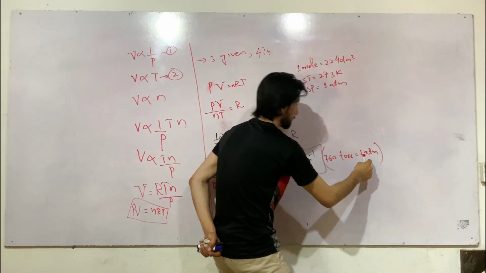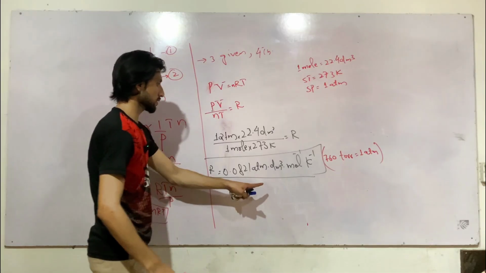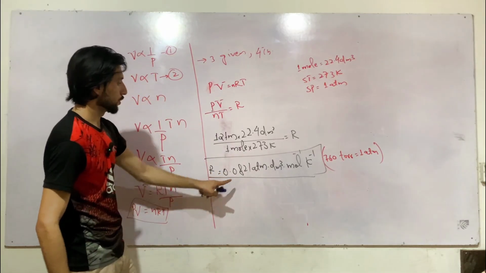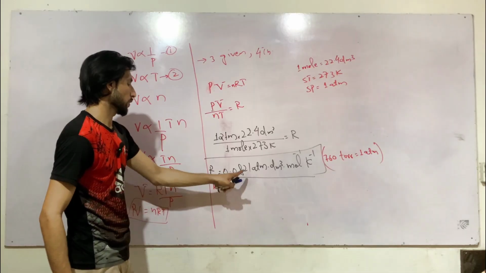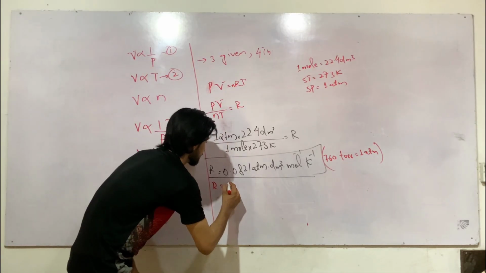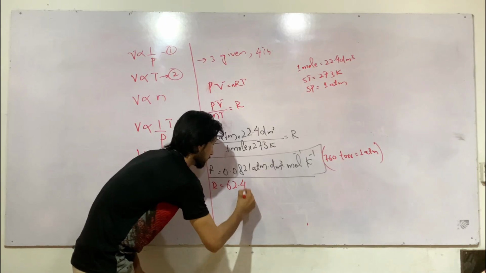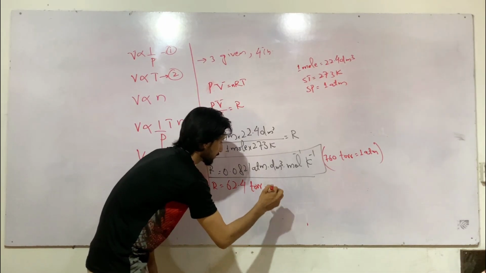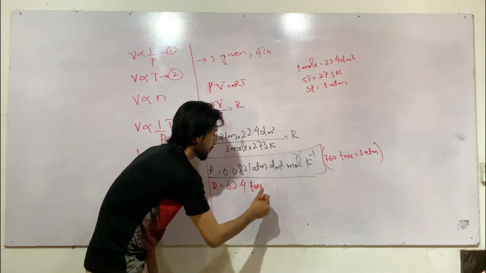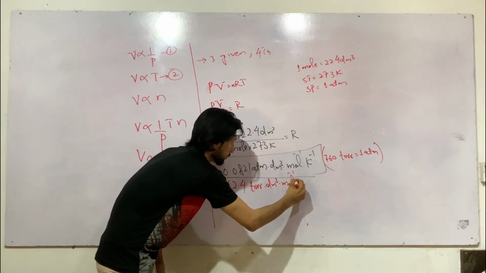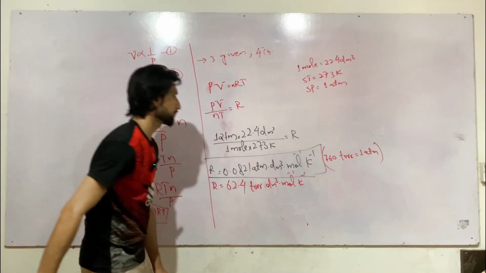Now I can replace 1 atm with 760 torr, and 760 multiplied by 0.082 gives 62.4 torr decimeter cube per mole per Kelvin.